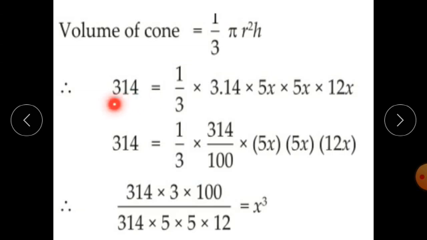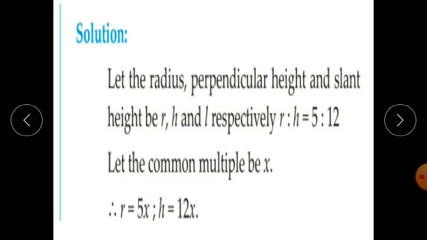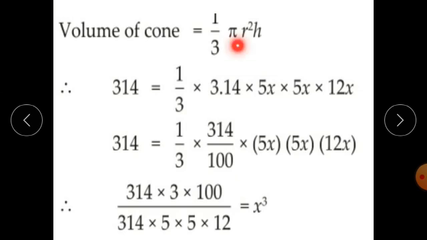So substitute here 314 equals 1 upon 3 into 3.14, which we can write as 314 upon 100, into 5x into 5x into 12x.